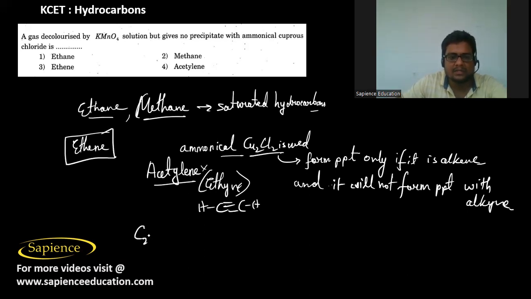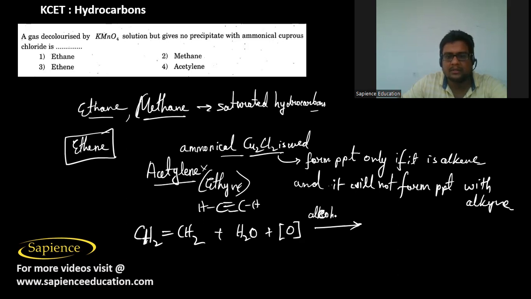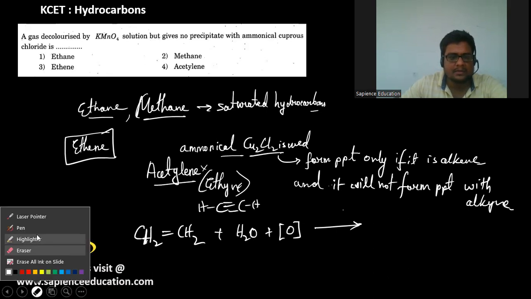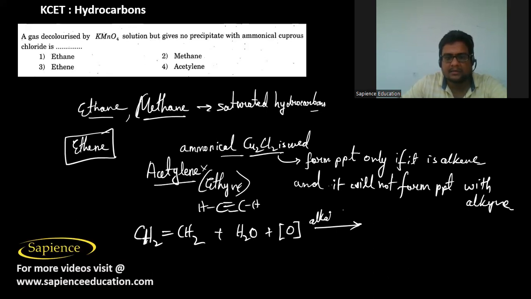Why? When we take ethene, which is CH2 double bond CH2, it will react with H2O in the presence of nascent oxygen. This nascent oxygen is provided by alkaline KMnO4 solution.